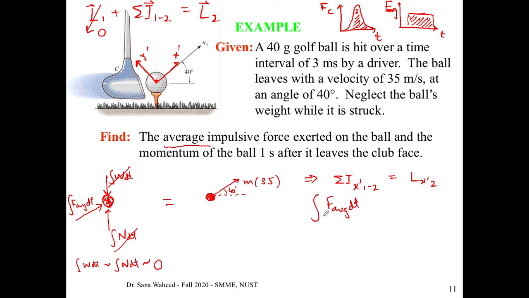Okay, impulse is the integral of F dt from 0 to 3 milliseconds, and this is going to be equal to 35 m.